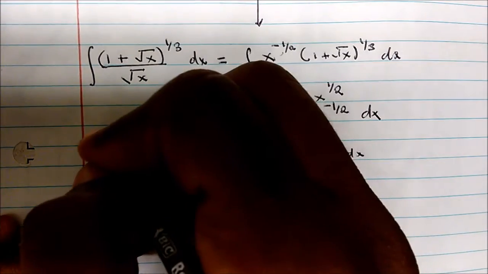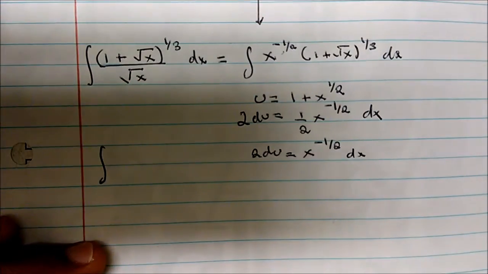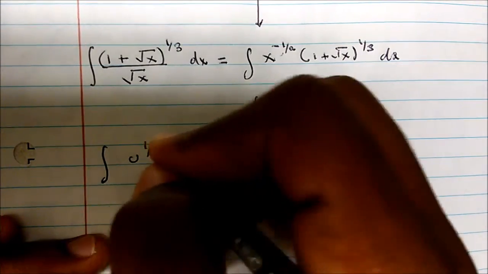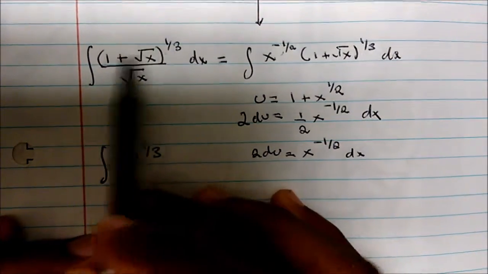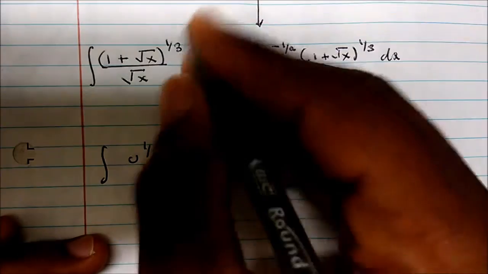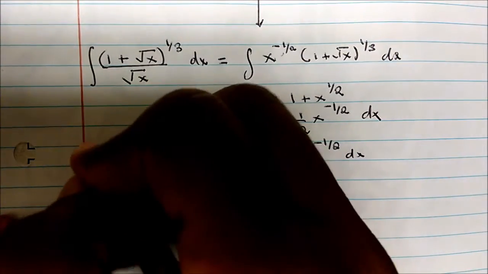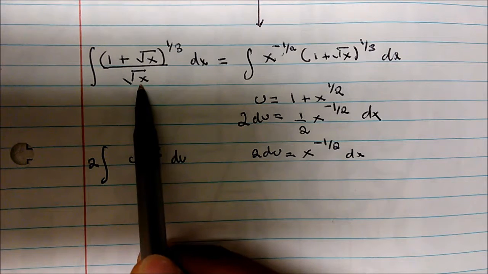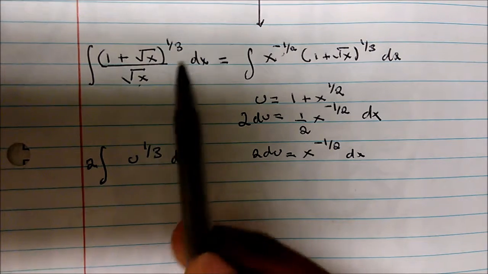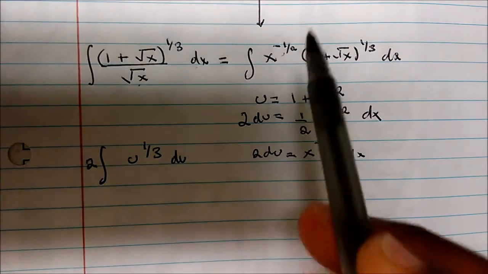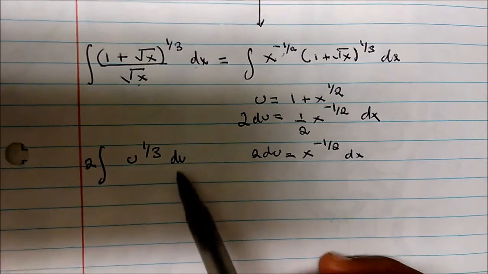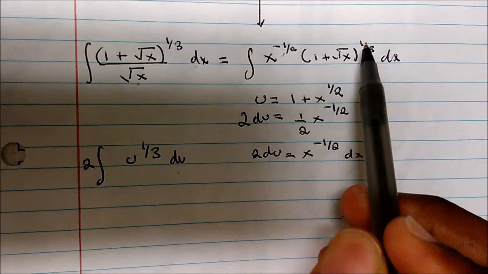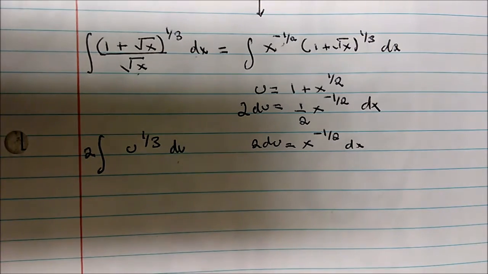So rewriting the integral, this is just u to the 1/3, because we said this was our u. And 2 du takes care of this x to the negative 1/2 dx.